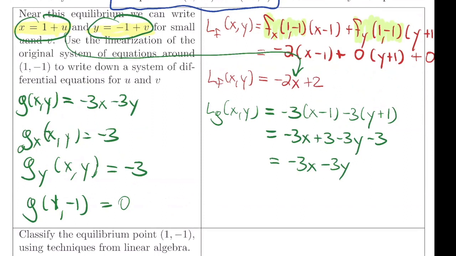Yeah, you could do it that way, sure. Usually we think about u and v as being the distance from the equilibrium. You could add it or subtract it. You get unnecessarily more negative signs if you subtract it. And so when I plug 1 plus u in up top for this one, let me just do it over here.